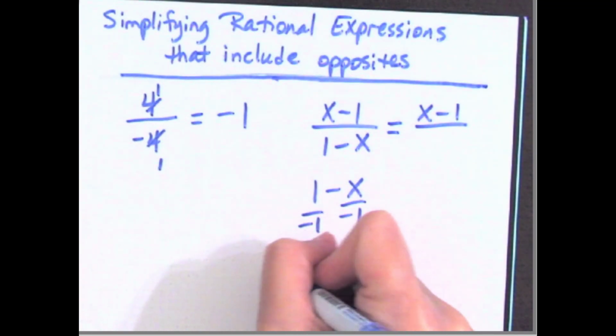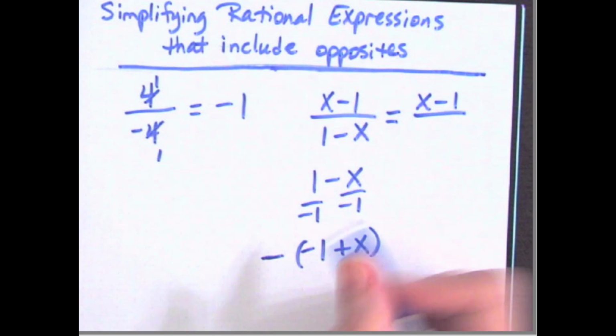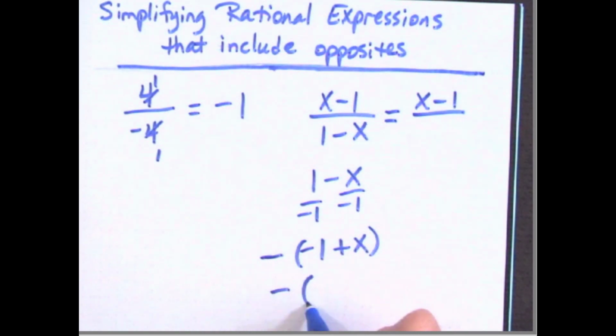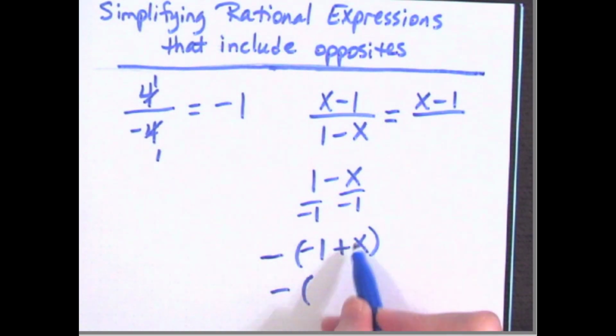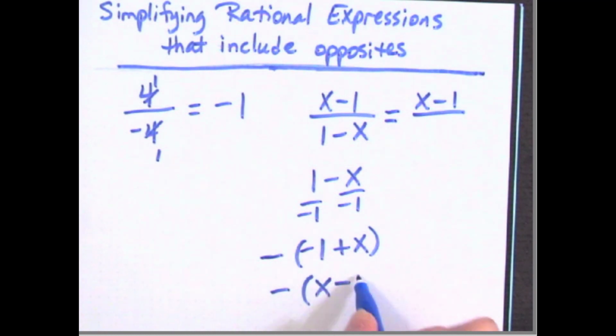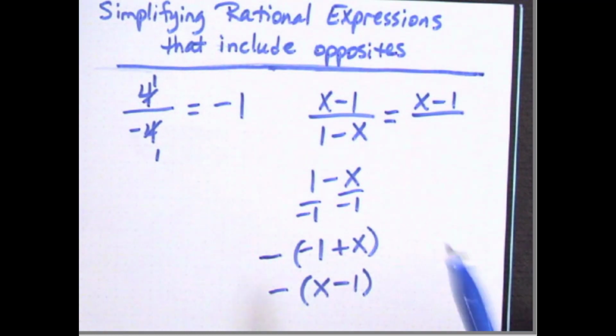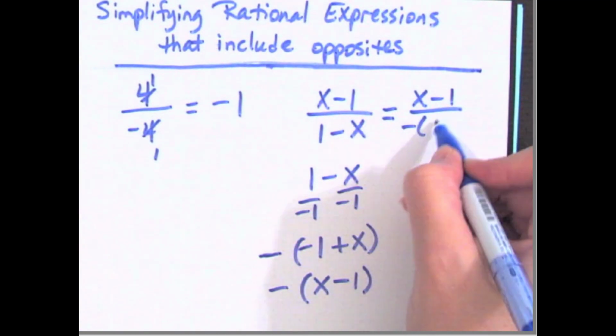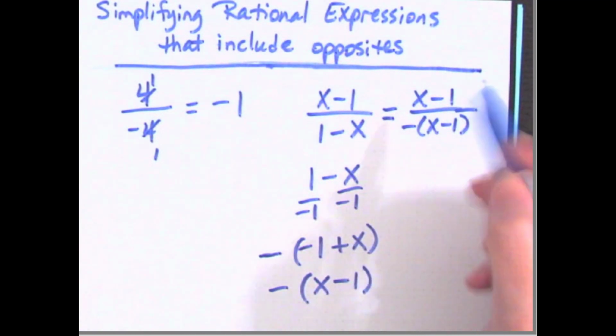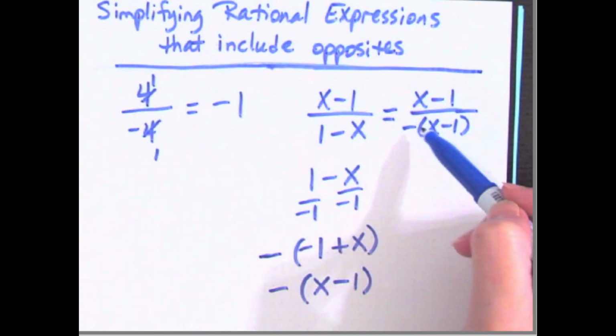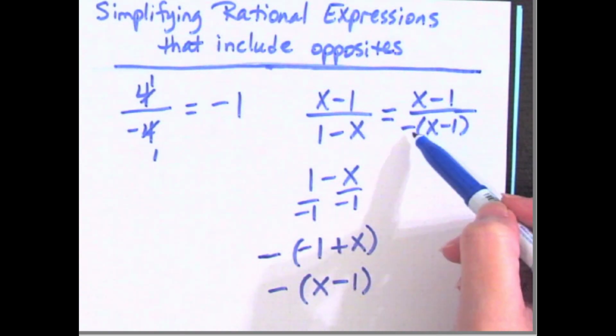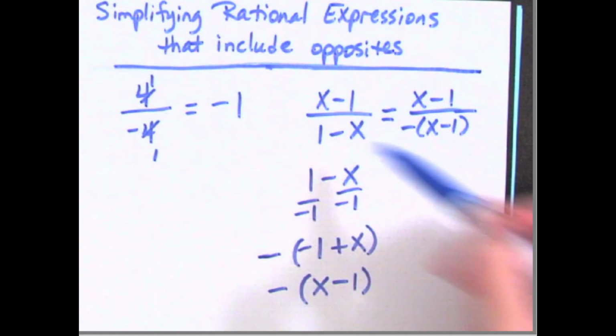And I want to keep that negative 1 on the outside. So this is really, if I rearrange my terms by the commutative property, that would be x minus 1. So I can rewrite this expression as the opposite of x minus 1. And we can distribute the negative to check it real quick. That'd be the opposite of x, and then a negative times a negative makes that positive 1.